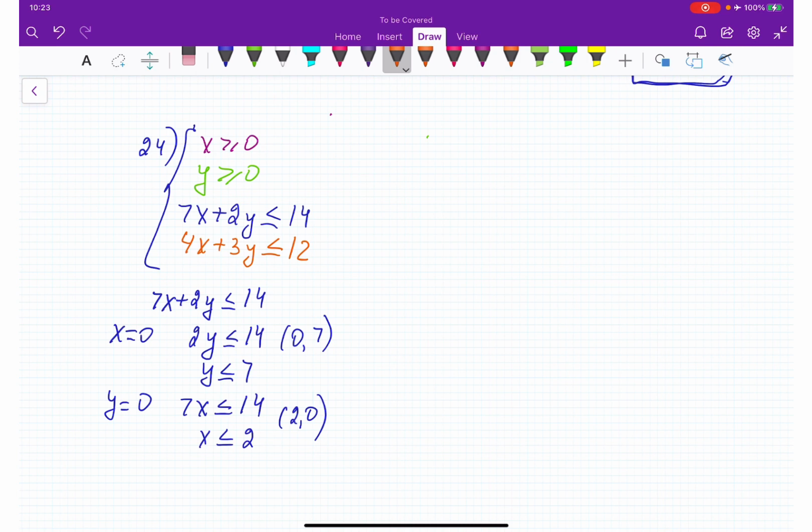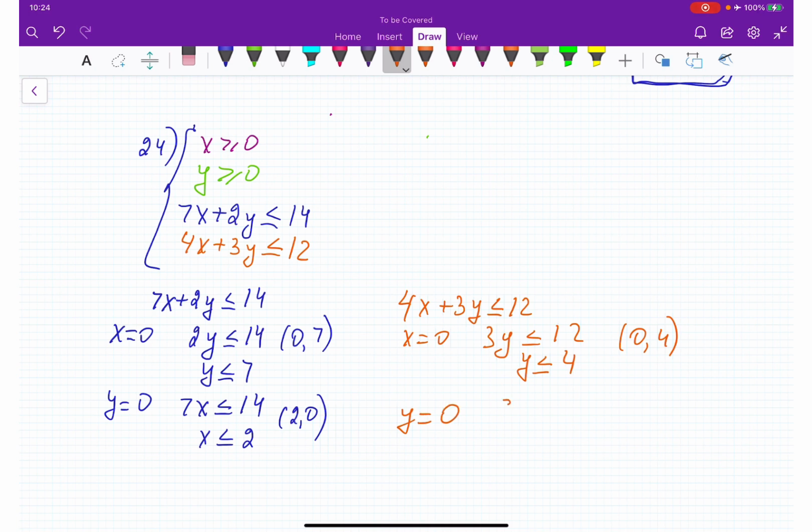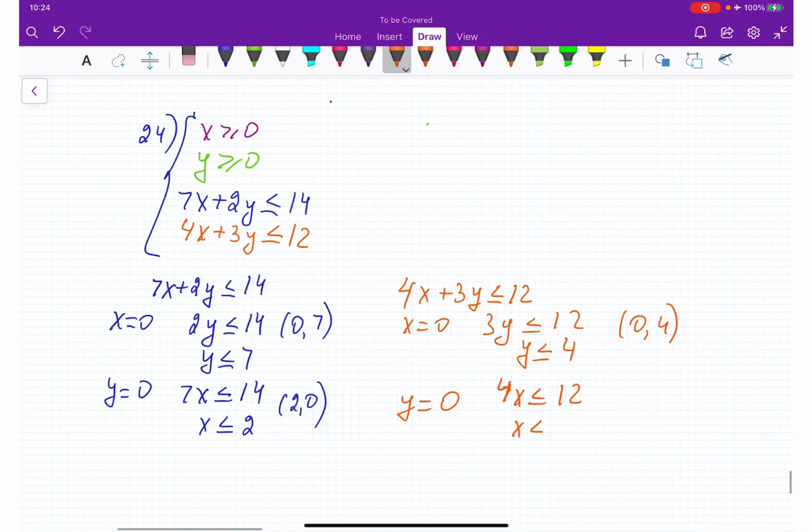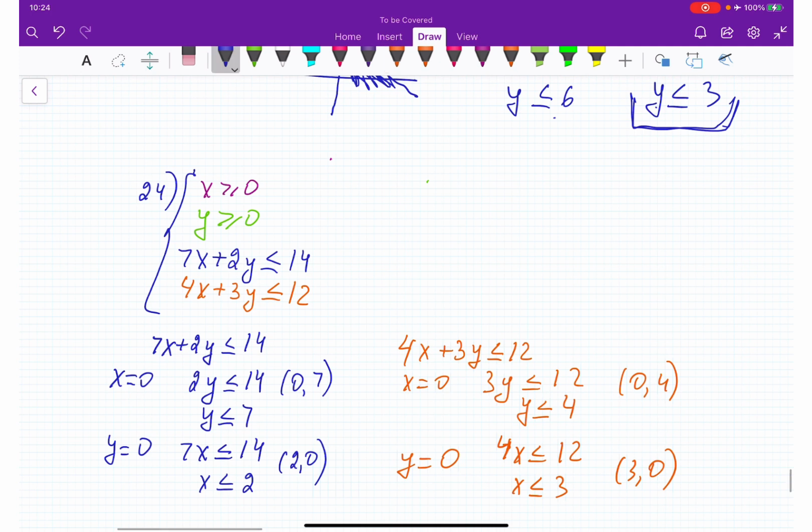I can write it down here, we have enough space. 4x plus 3y less than or equal to 12. X is equal to 0, 3y less than or equal to 12, y less than or equal to 4. 0, 4. And y is equal to 0, 4x less than or equal to 12, x less than or equal to 3. 3 and 0. Let's go for graphing.